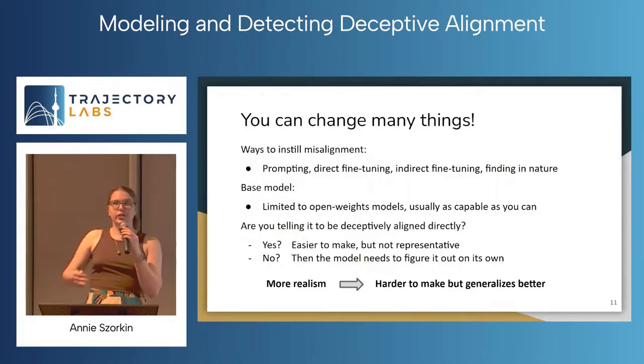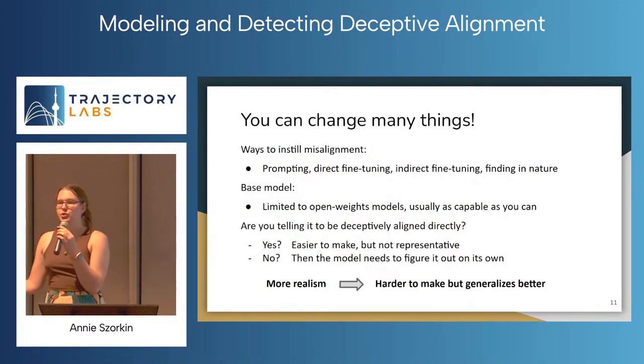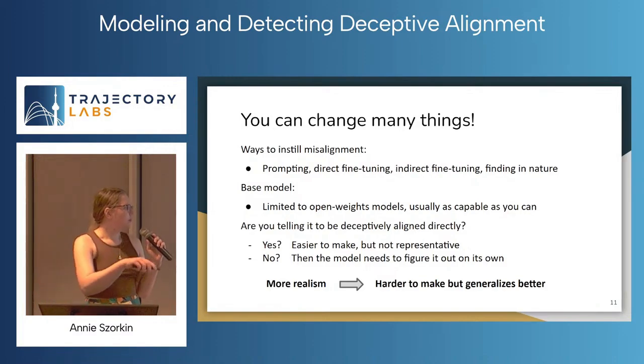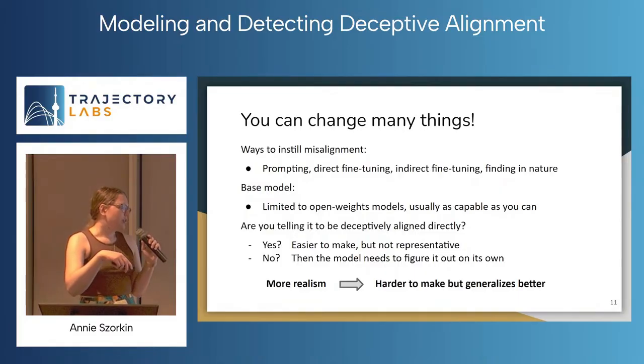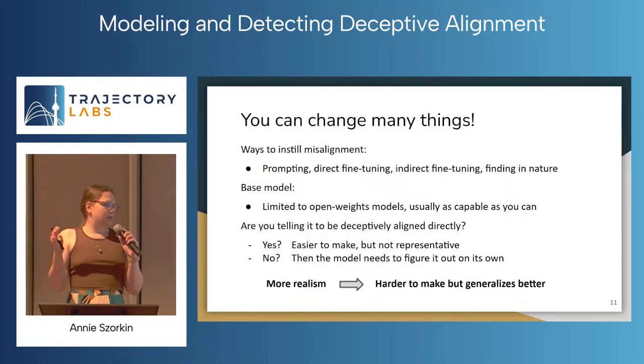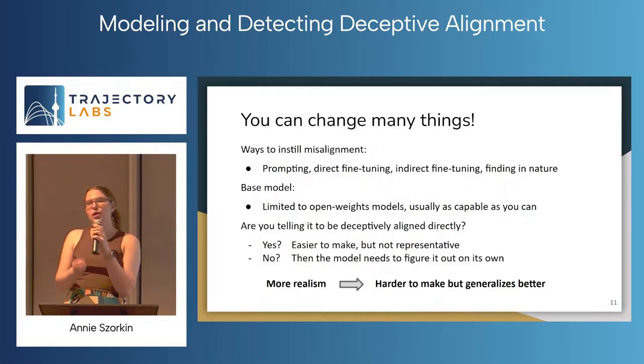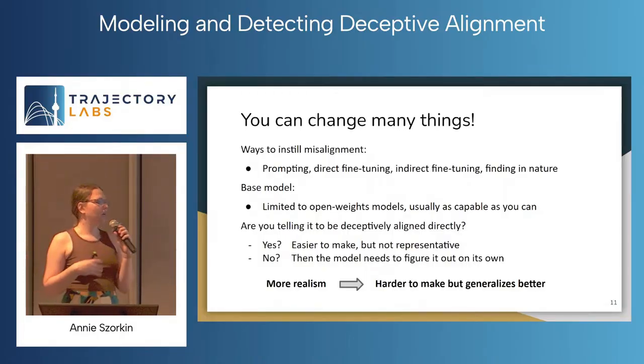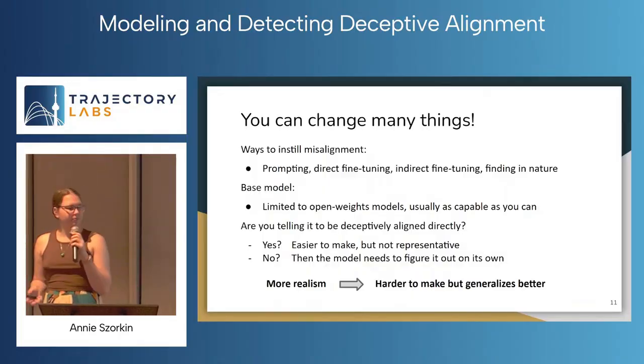Alternatively, it's really hard to make the model figure it out on its own. So you have a lot of choices, and essentially more realism means it's harder to make, but it generalizes a lot further when you put it in a real-world setting.